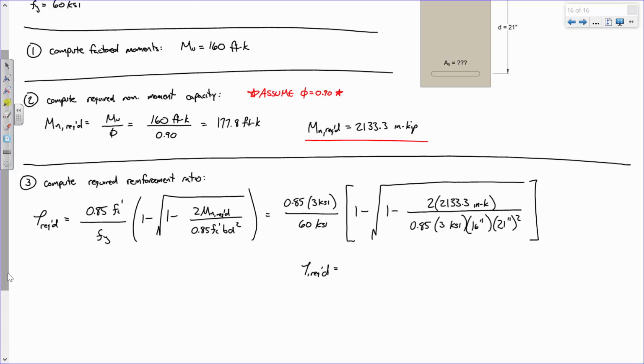It's 0 point something, or at least it better be. It's okay, take your time. This is a nasty one. Again, don't forget to square the d on the bottom. That's a common thing to forget, that that 21 is squared.